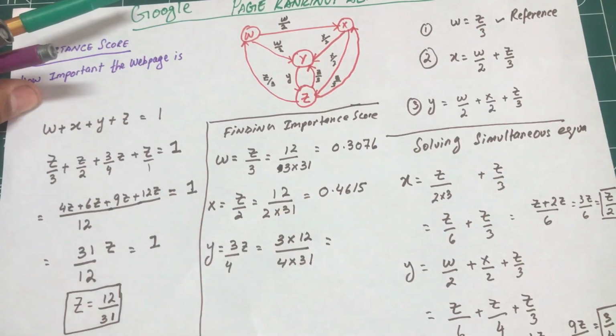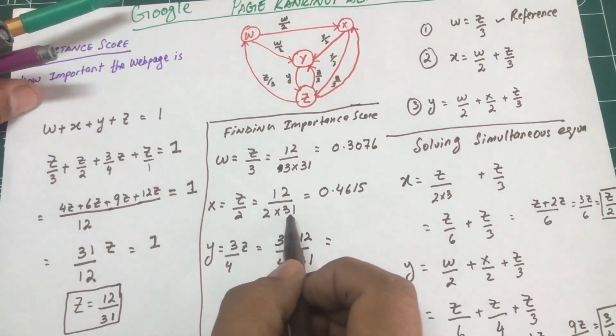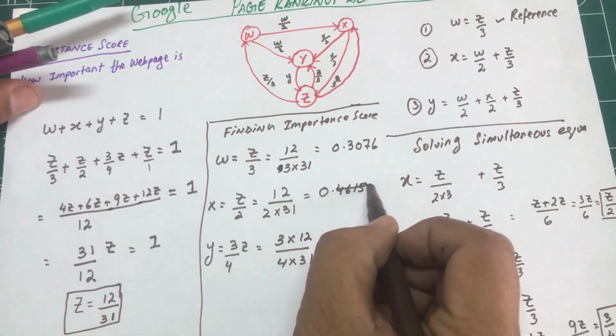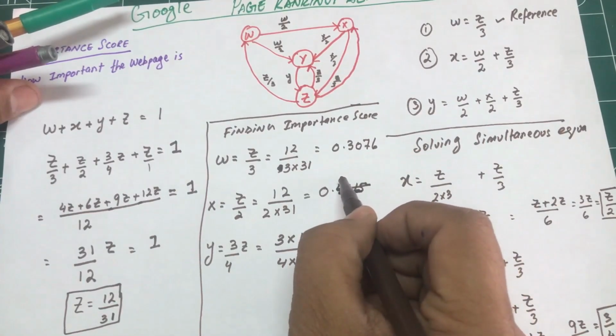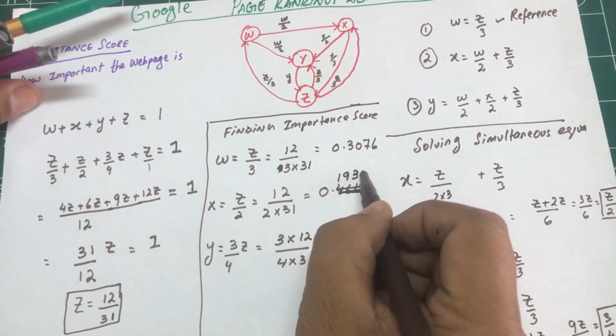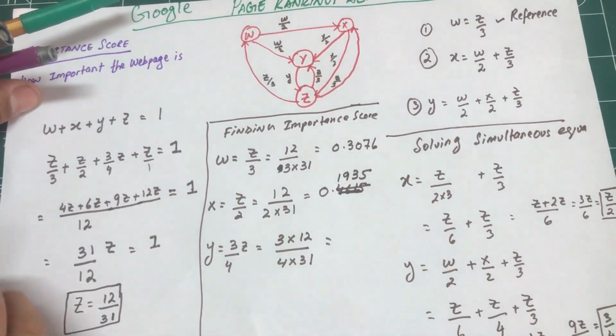I think I got the wrong results here. 12 divided by 2 times 31. I'm sorry, this is 2 times 31. My mistake, I was doing a wrong calculation. So this should be 0.1935.